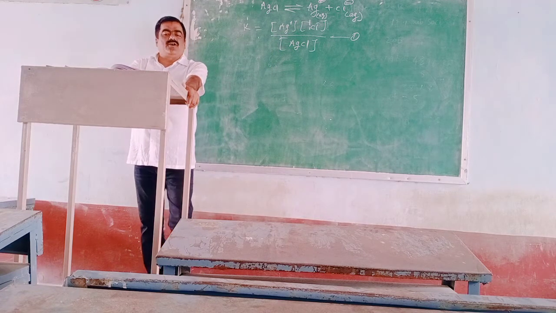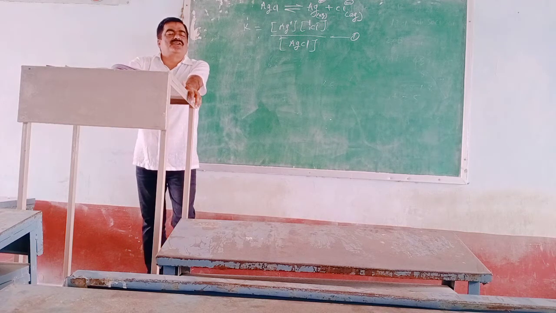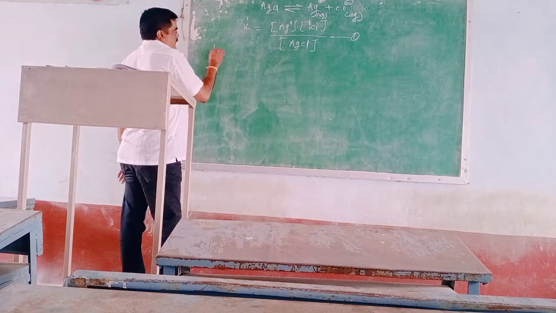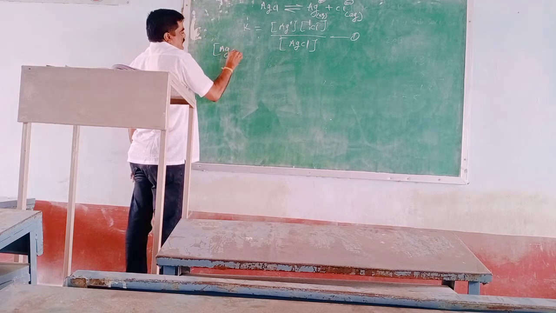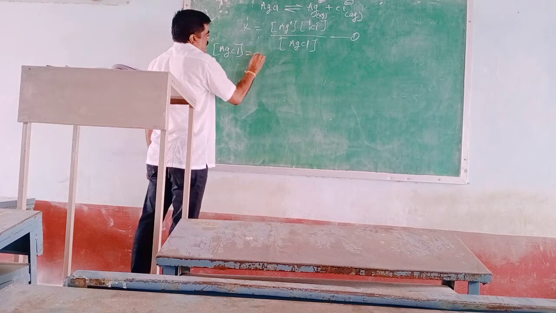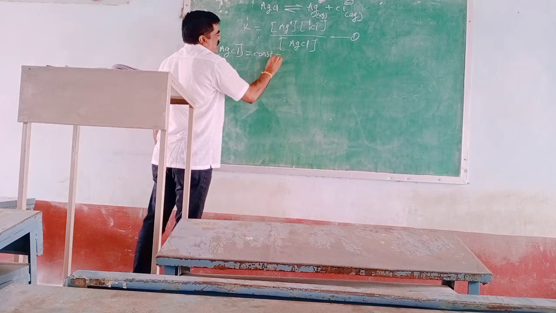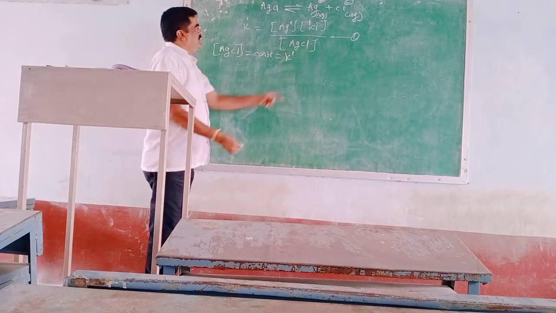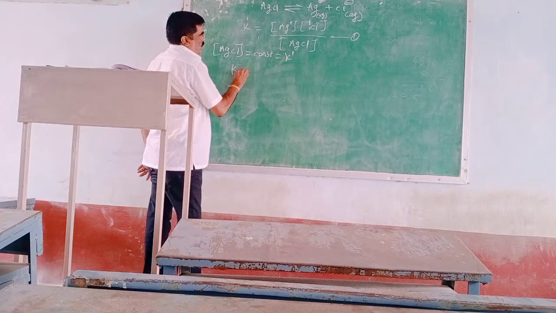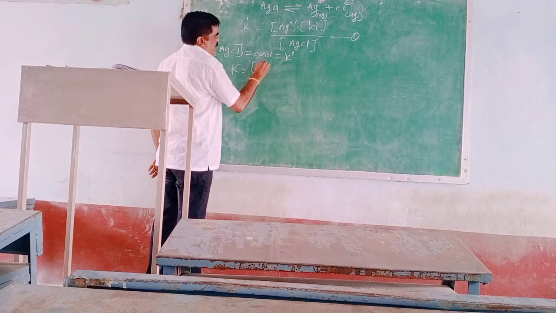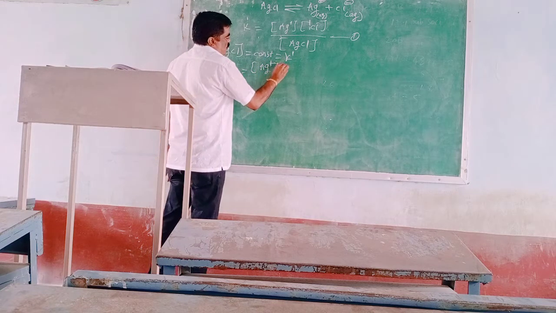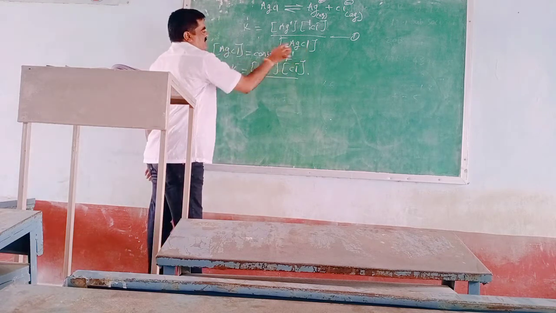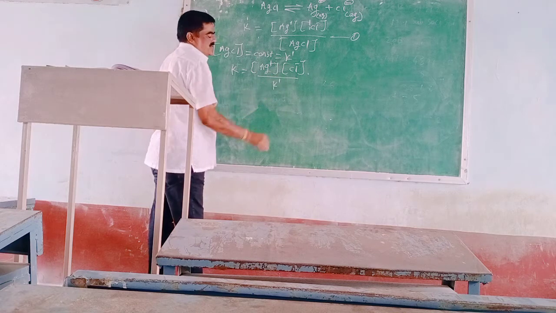The concentration of undissolved solid AgCl is constant. We may write that the concentration of AgCl is constant, equal to K dash. By putting this value into this equation, we get K is equal to molar concentration of Ag plus into molar concentration of Cl minus divided by, instead of AgCl, K dash.